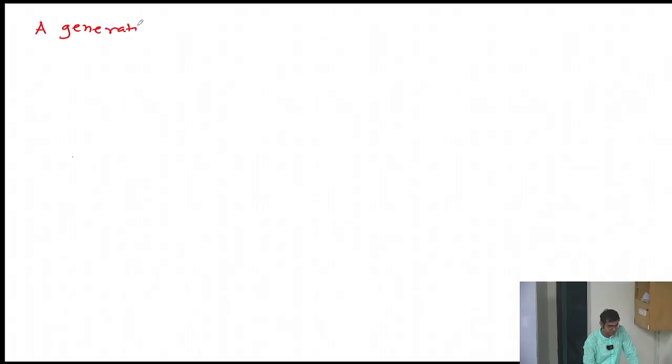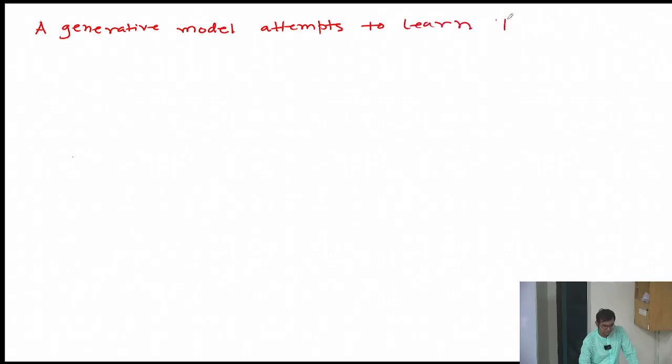Generative model attempts to learn P of D, I mean the data likelihood, not likelihood, the evidence basically, right?